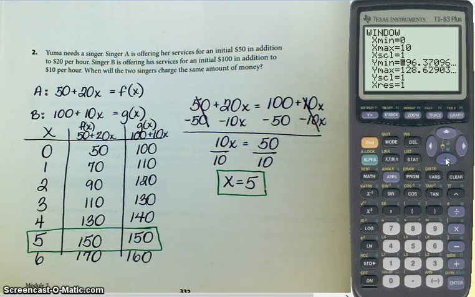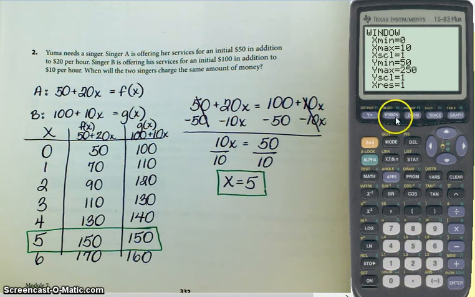My minimum y value, it's only going to go up from 50. So this is like the one-time fee, and then it adds on based on how many hours you hire singer A. So 50 is going to be your minimum. And I don't know, let's just put 250 for the maximum. Give us a little bit of wiggle room.